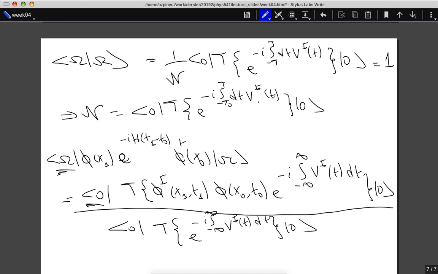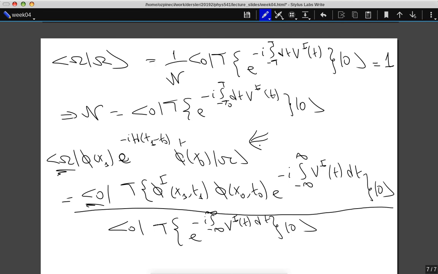Now, why are we really interested in this matrix element to start with? Because essentially whatever you would like to measure, eventually we will be able to express in terms of such matrix elements. Everything we can measure will be related to such matrix elements. And all of those matrix elements we can calculate in terms of the empty-state matrix element of some time-ordered product.